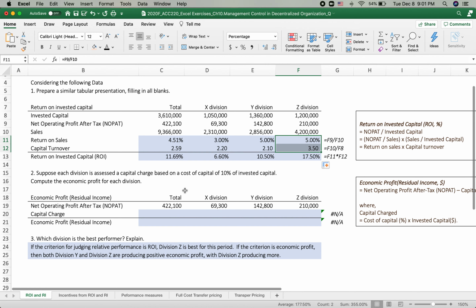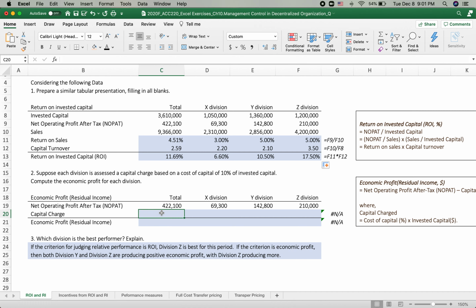Now, number two, suppose each division is assessed a capital charge based on a cost of capital of 10% of invested capital. Beyond the percentage of return on invested capital, the company also wants to evaluate which division has created the largest residual income, subtracting the capital charge from net operating profit after tax.